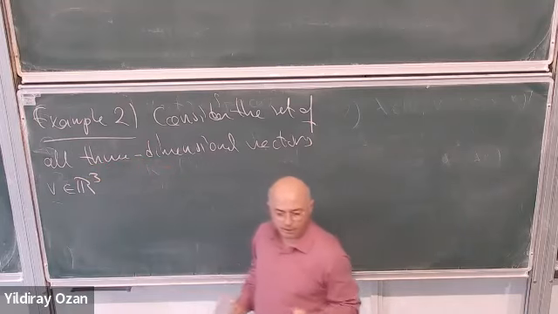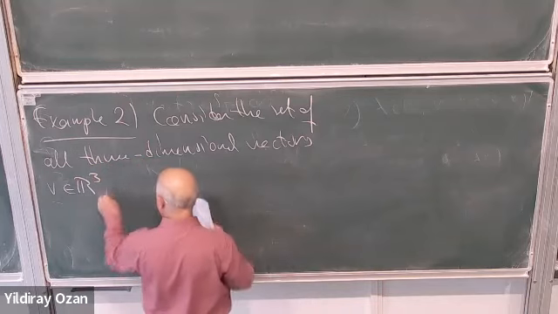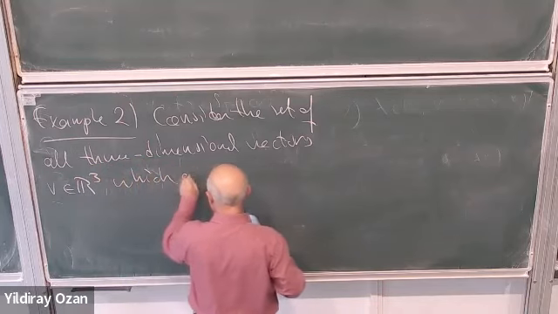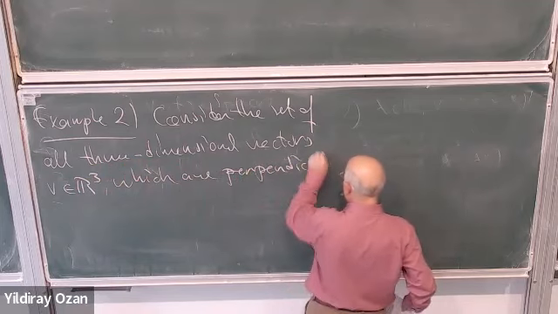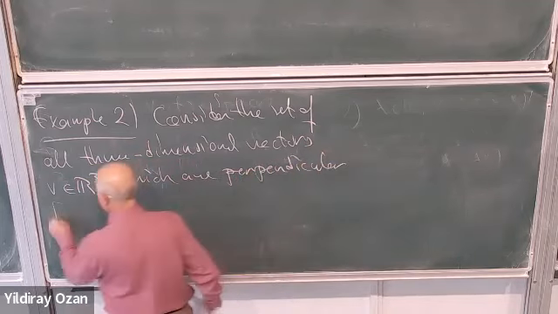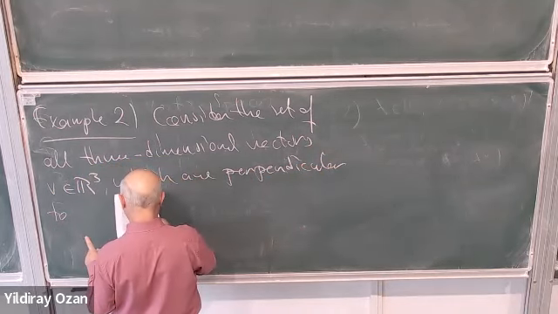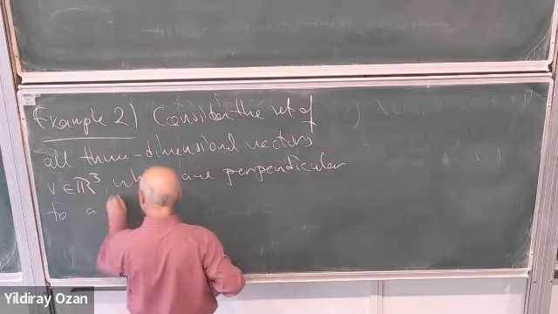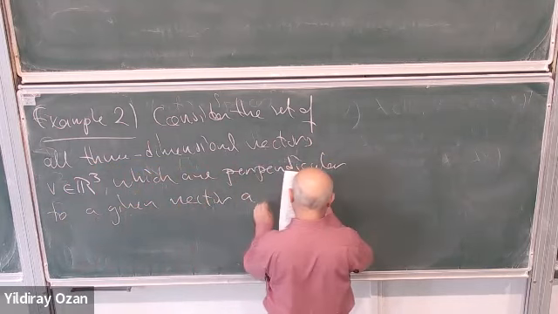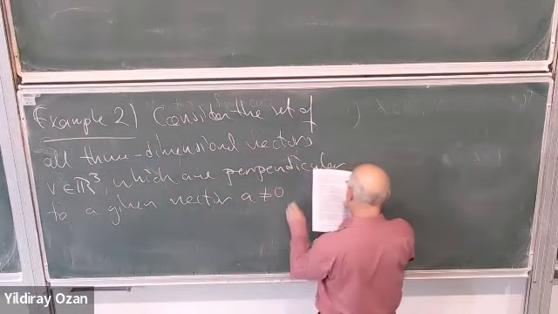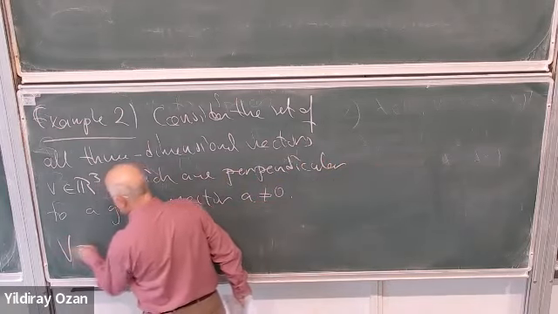R3 is itself a vector space over R. Which are perpendicular to a given vector A, which is not 0.